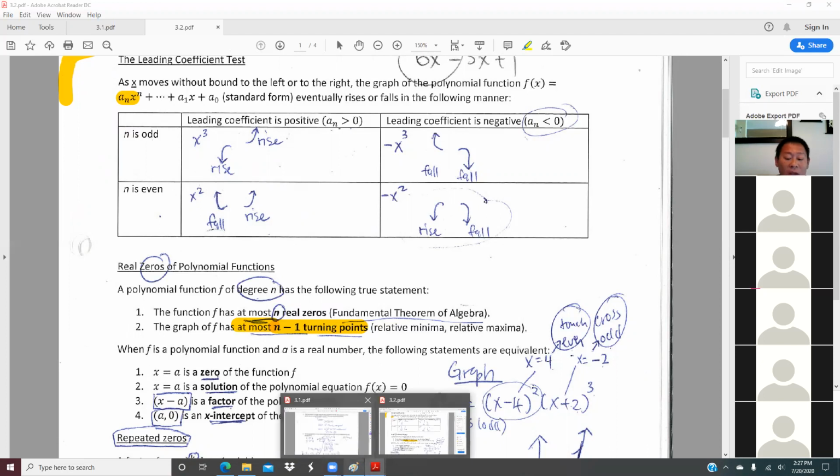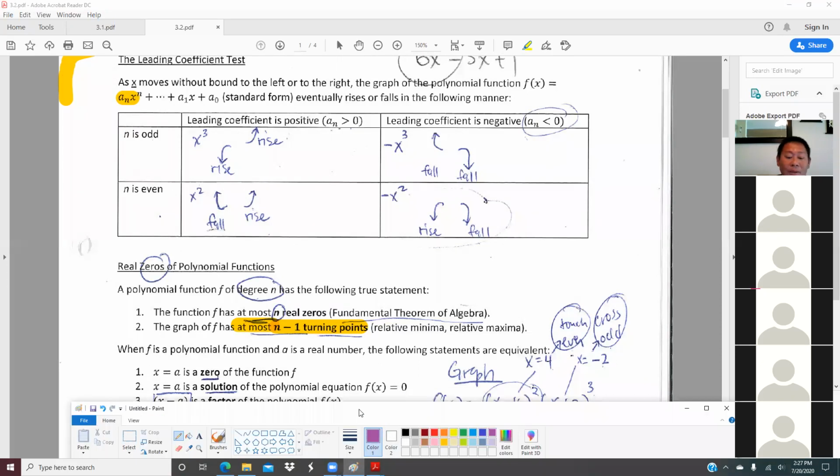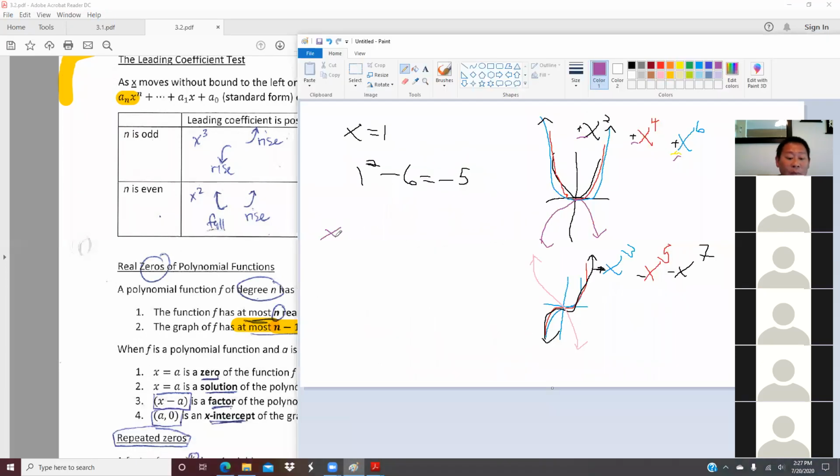Okay, so let me give you an example of what happens when you have a really weird polynomial function. So you got negative x cubed plus 4x squared minus 9. Okay, how do you graph this? I can tell you what it looks like.